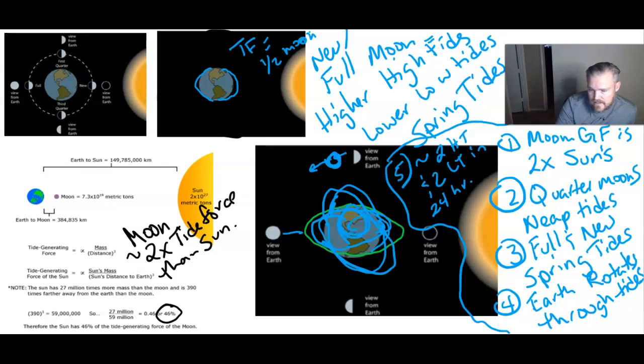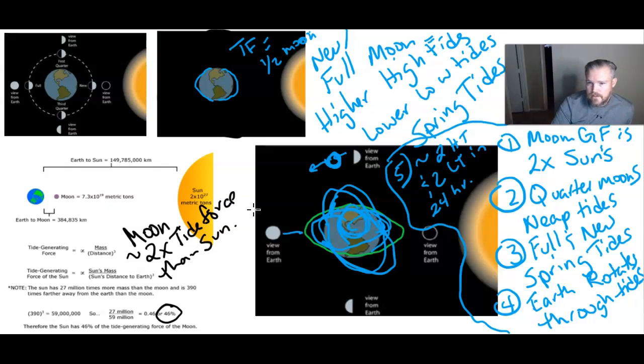So there are things that can happen in terms of mating events. Animal behavior is loosely based around tides, so it's relatively important. But really, the biggest thing is how do tides affect a region, right?